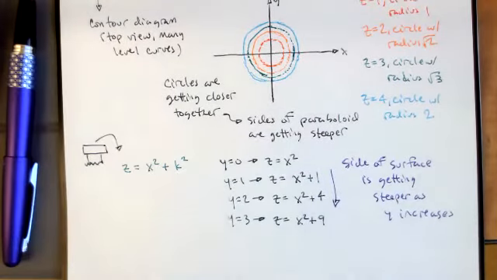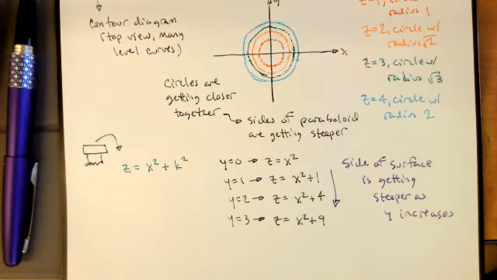The side of the surface is getting steeper as y increases. And that's exactly what we drew. We drew a bunch of circles, and it gets steeper as we go up.